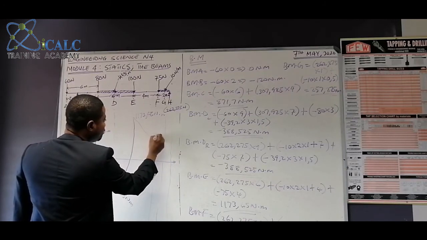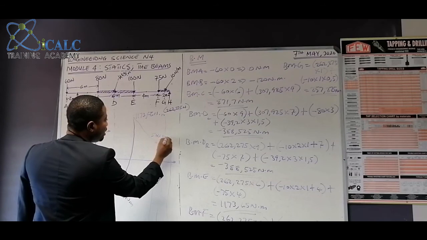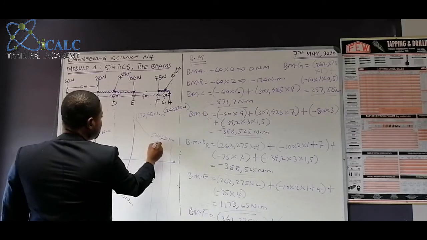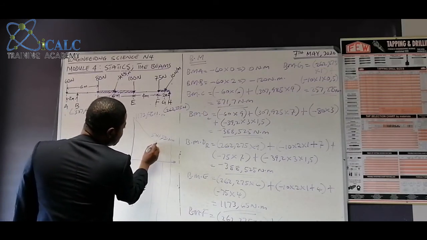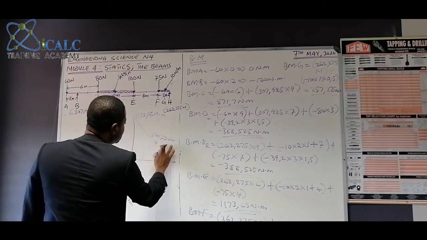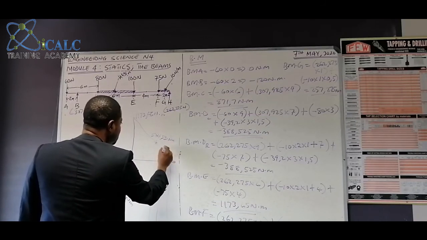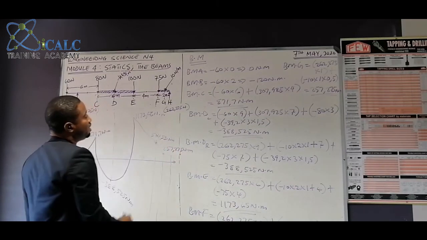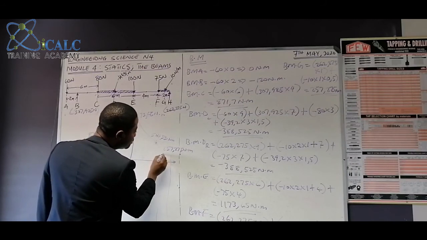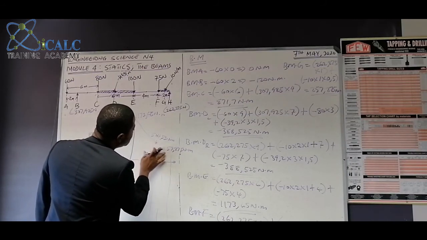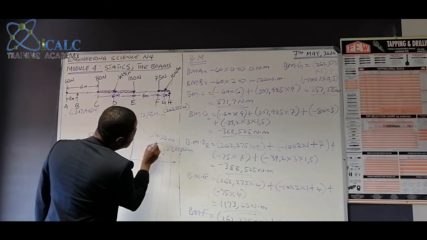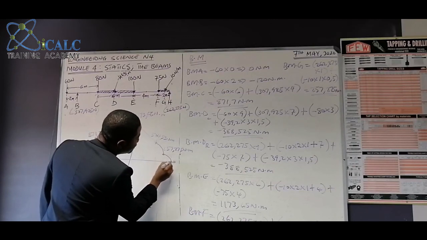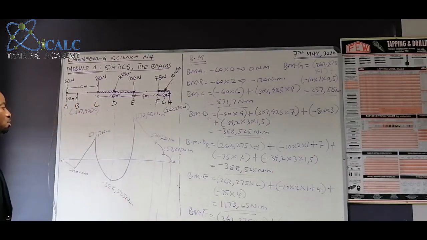That's 504.55 Newton meter. BMG is 257. So we still slant down and we write 257.275 Newton meter. And then BMH is 0. Although here we must bend. All right, bend.